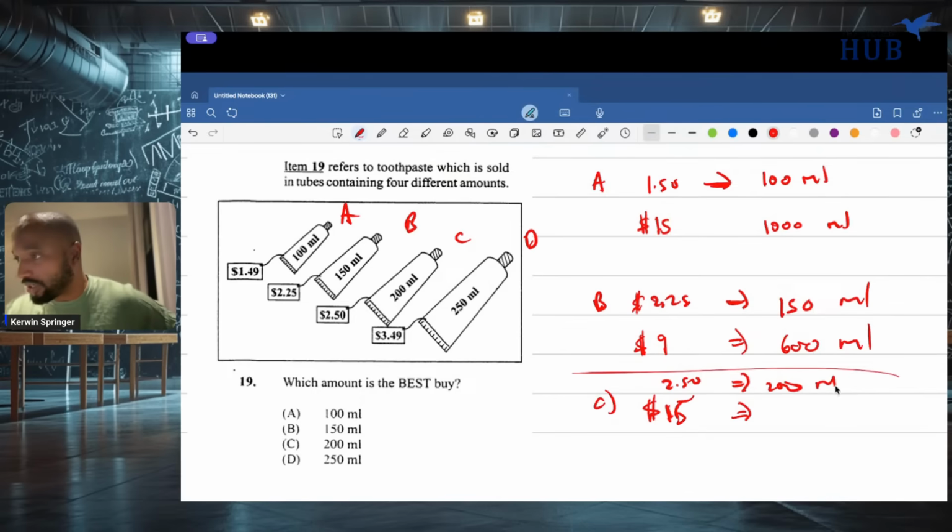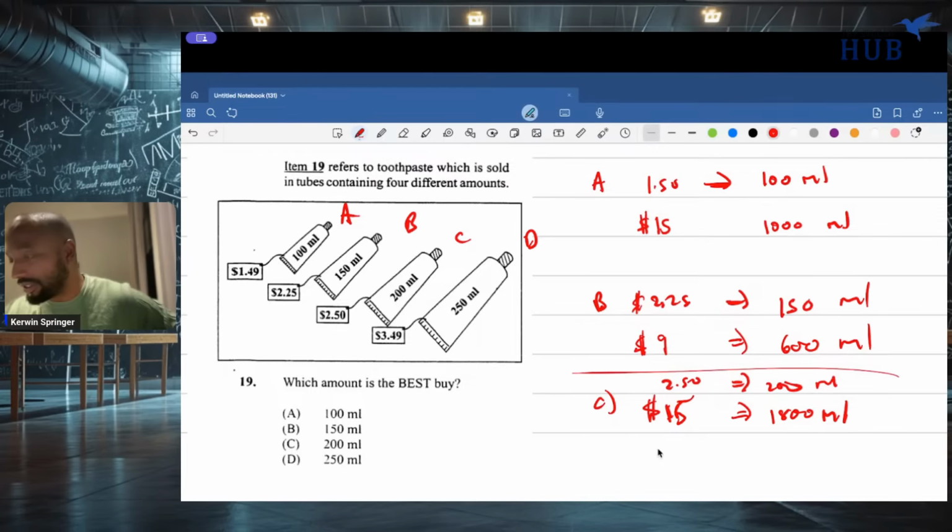Excuse my math. So 200 ml times 6 gives 1,200, no, 1,800 ml. So C is looking real good so far.